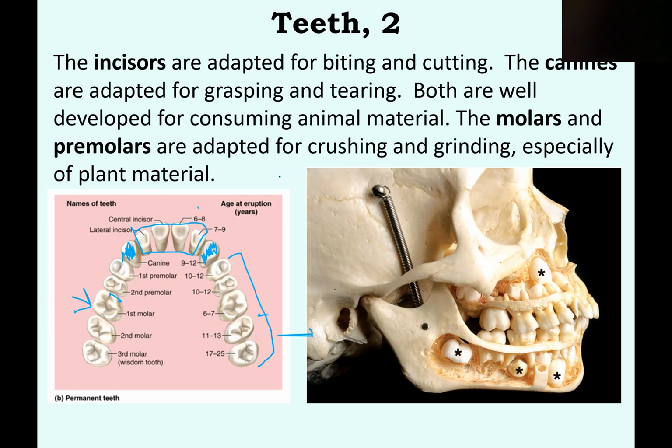Sometimes the canines and or incisors are lacking or not as well developed. One modification that herbivores typically have is that they lack the canines and maybe the second set of incisors, and so they have this gap, so they can grab a branch and slide their mouth along it to scoop up the leaves.